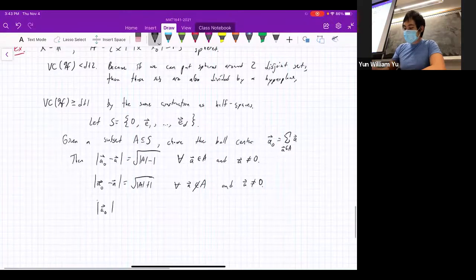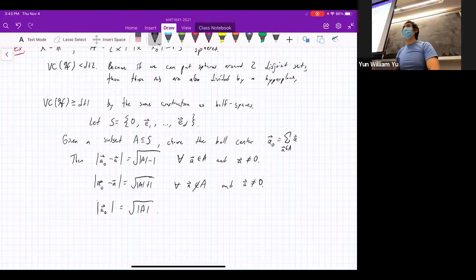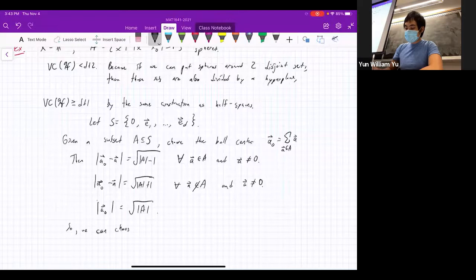And of course, the norm of a0 is going to be equal to the root of the size of our set. So clearly you can choose a radius that includes everything in your set and then optionally includes 0. So we can choose a radius such that this ball contains exactly A.